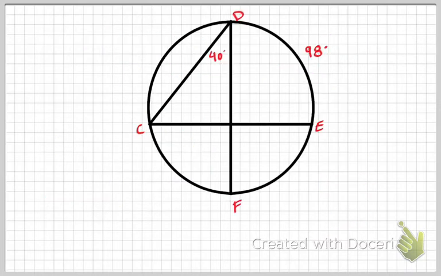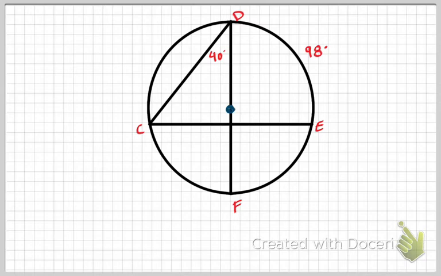So let's look at this diagram here. The other thing that's important to note is that this intersection is not the center of the circle, so notice how there's not a point. Let's put a point right here, just so we don't have that confusion as we're working through this.